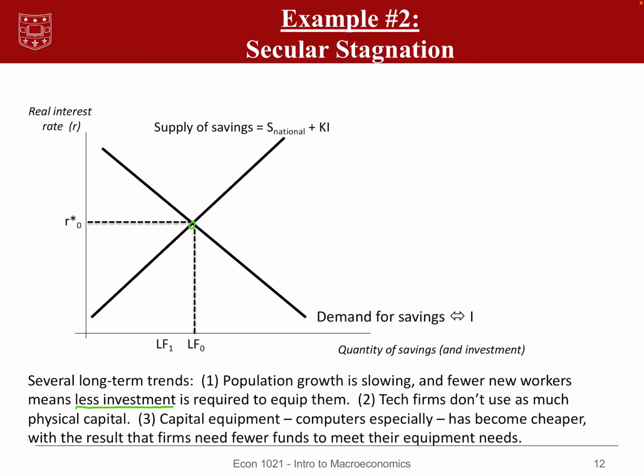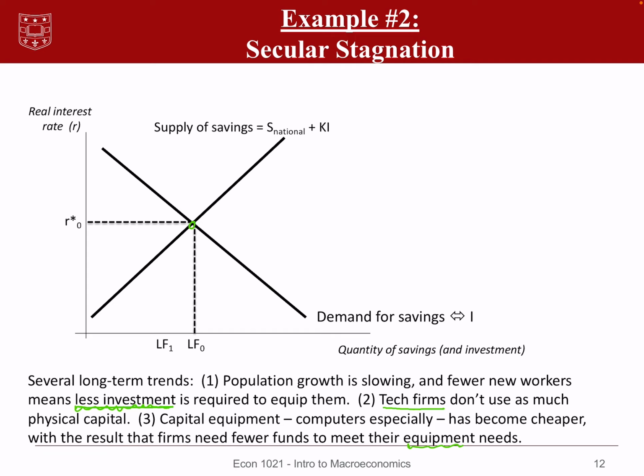Also, we see a tilt away from traditional manufacturing and towards more tech type firms, and they just don't use as much physical capital. And so, as a result, again, there would be less investment required. And then capital equipment itself has, over the last several decades, become cheaper, with the result that firms need to allocate literally a smaller pool of funds to meet their investment expenditure needs, certainly with respect to these kinds of equipment.